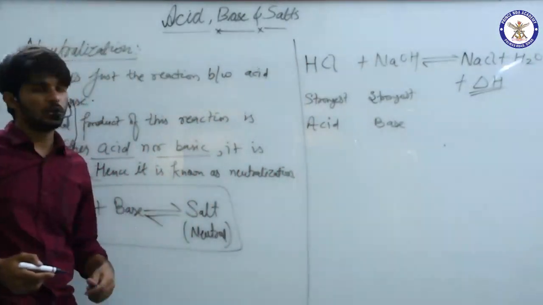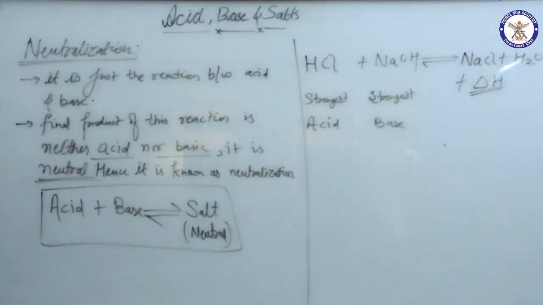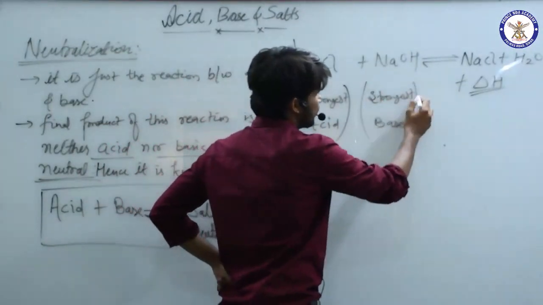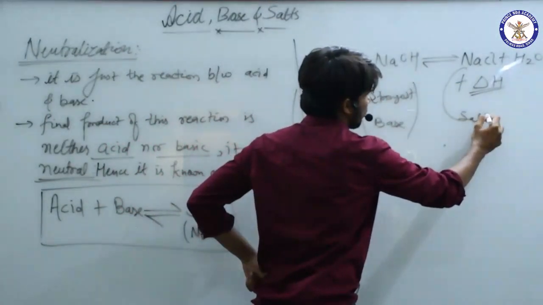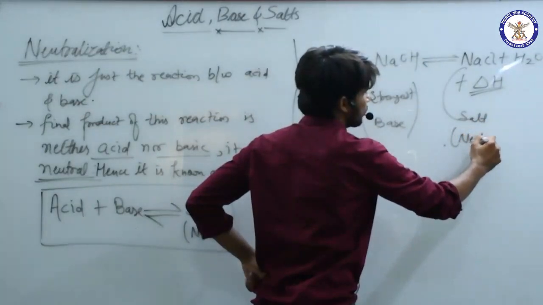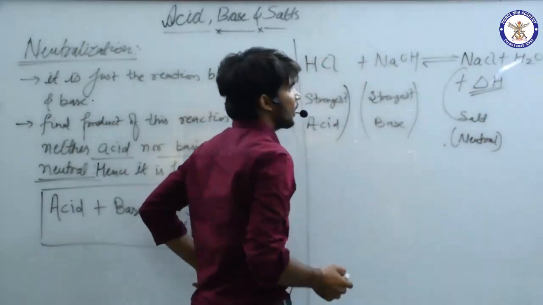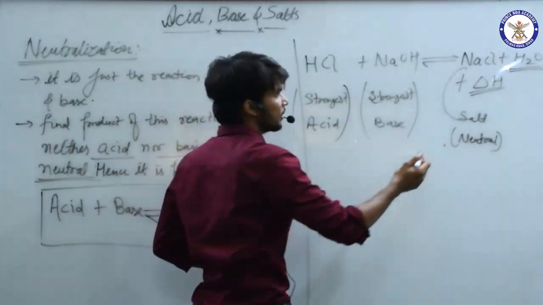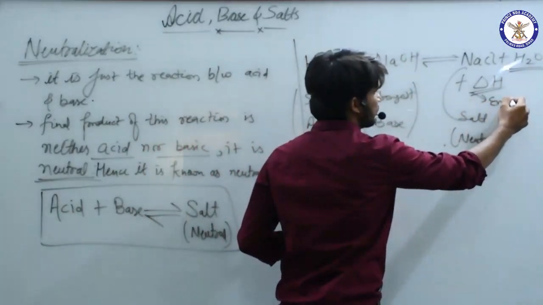This is what the final equation looks like. It means strongest acid, strongest base, and this is salt, and this is neutral, and this is a byproduct, and delta H is energy.